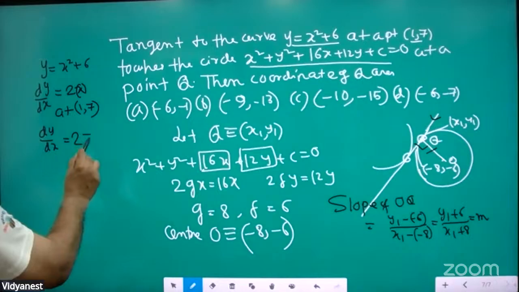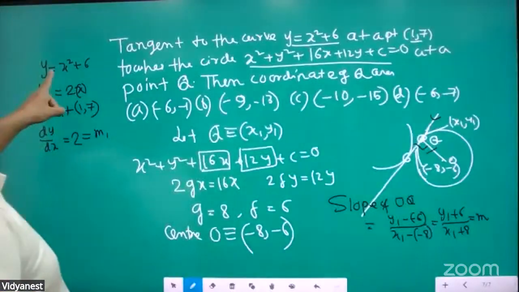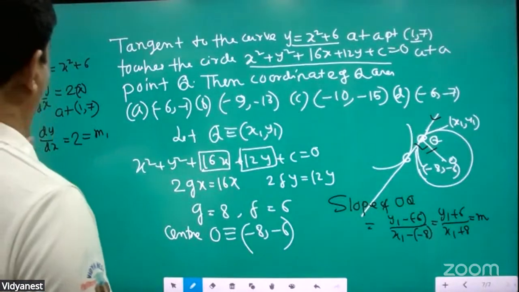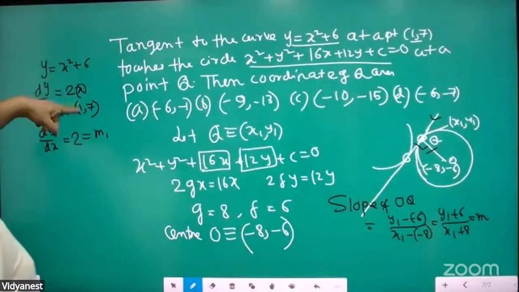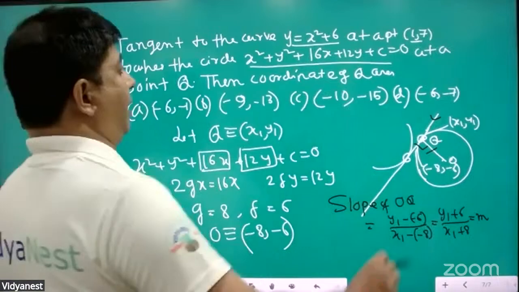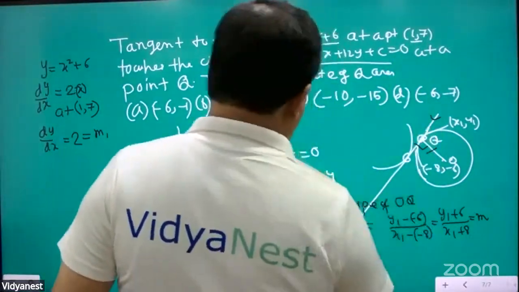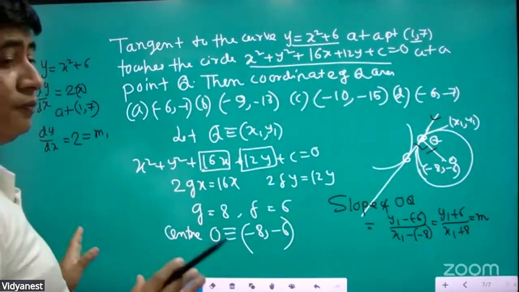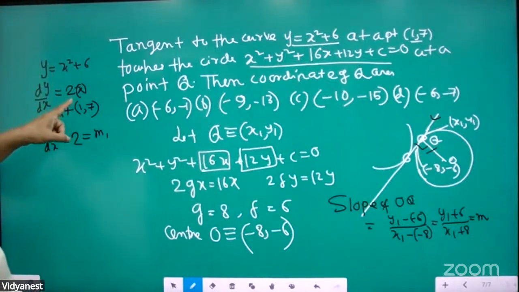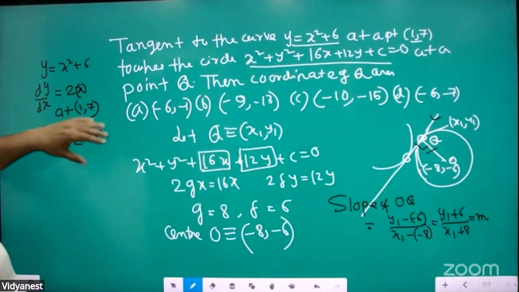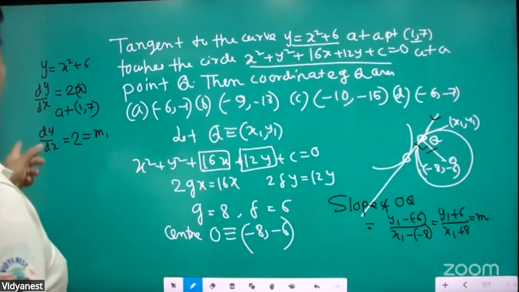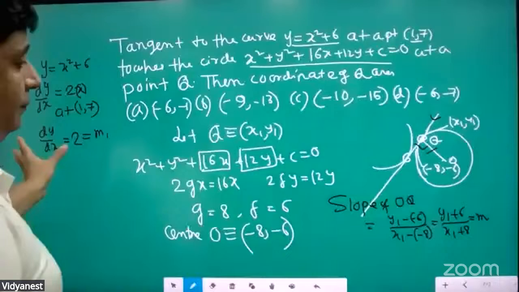So that is m1. I found dy/dx on both sides, that was 2x. Now at 1,7 the slope of the tangent I am going to find. There is no expression which has y, only x. In place of x I can put 1, that is m1.